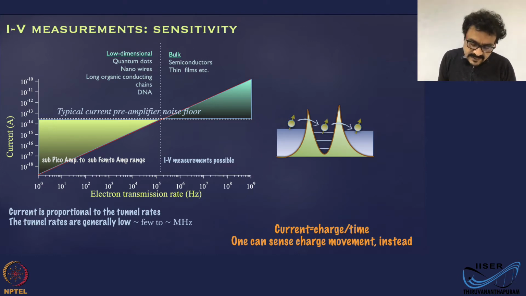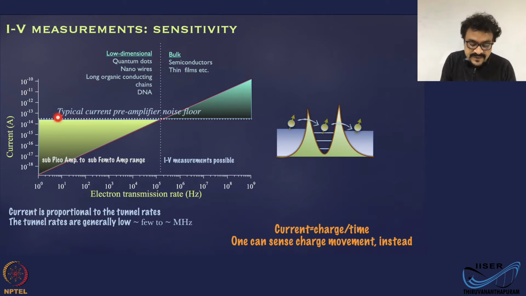And when the electron transmission rate is less than a few tens of kilohertz, your current is going to reach in the femtoampere range, whereas the typical current preamplifier noise floor falls in that range.